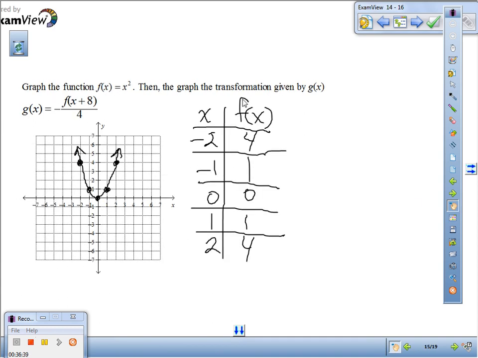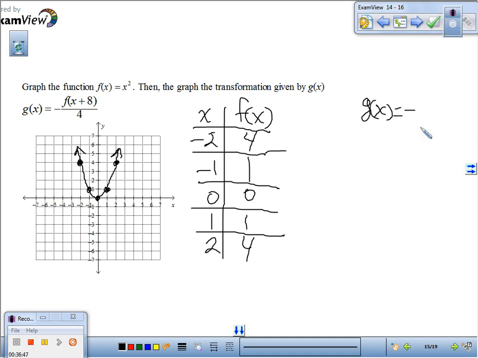I want you to write this one over here, leave some space here, and I want you to write it over here. G of x equals negative f of x plus 8 over 4. However, does that look familiar? Kind of, but now I show you how to transform it. Is that correct? Change that, please, to something that looks more familiar.